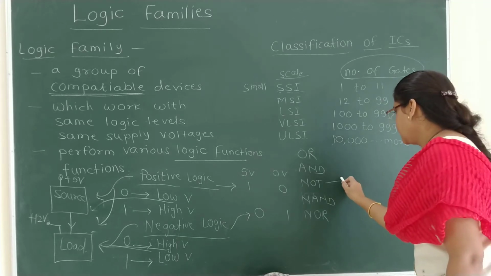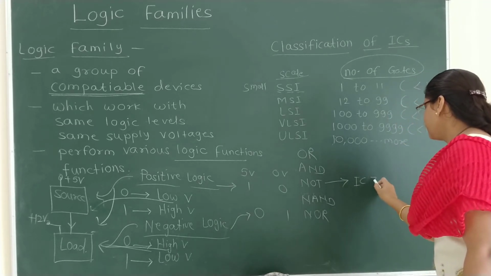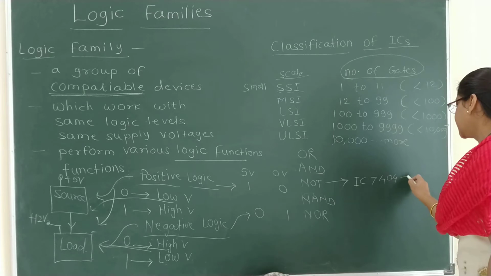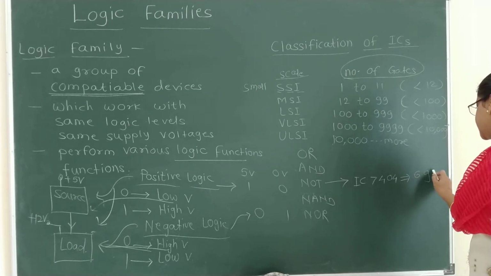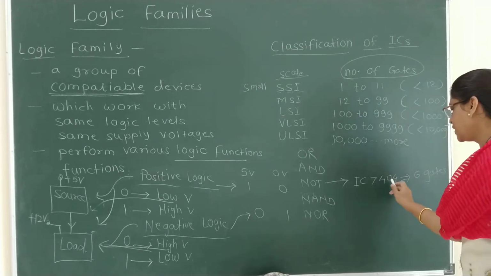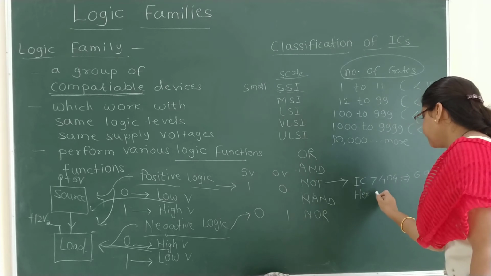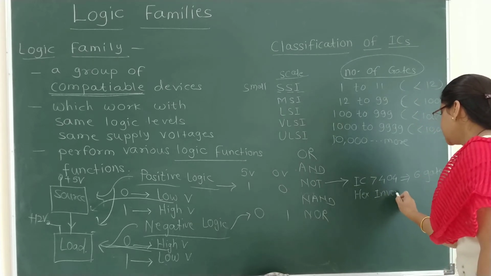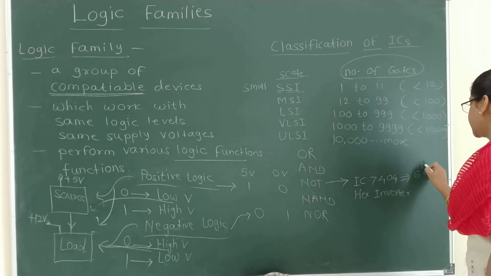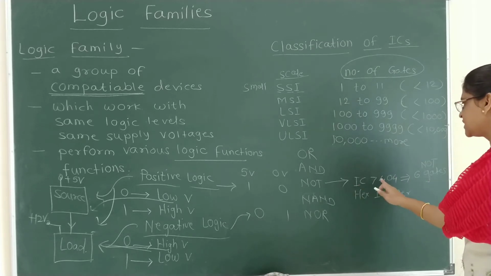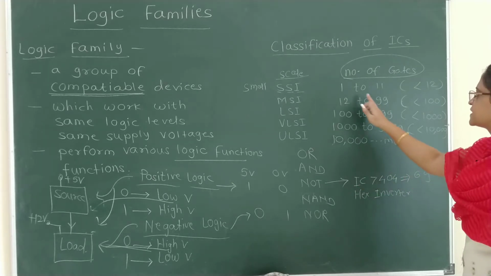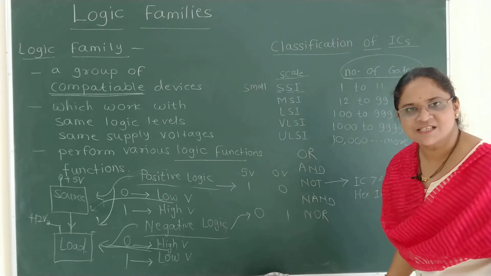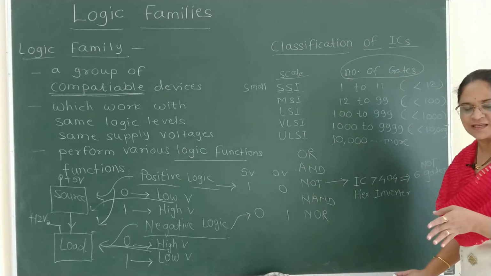Here it is IC number 7404. It contains internally 6 gates, so it is known as hex inverter, meaning it contains 6 NOT gates. That is IC 7404. Its scale can be considered as small scale integration IC, SSI IC.